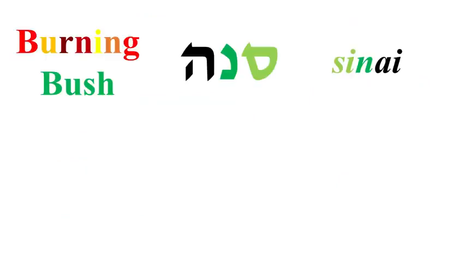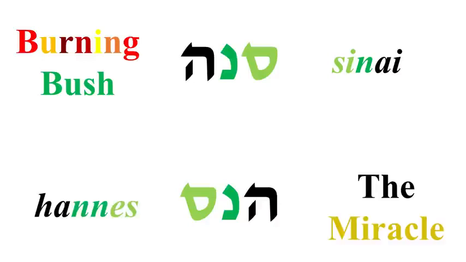By the way, that word Sinai, okay, is a Samek, Nun, Hey. If you write that word backwards, Hey, Nun, Samek, you get the word for the miracle. And that is a pretty big miracle, that a bush is on fire, but it is not consumed.